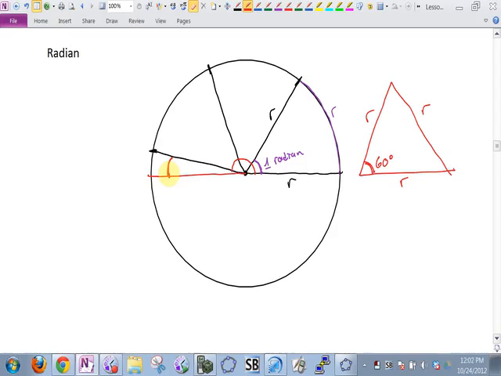Okay, there's one. Let's mark another radius here. There's another radian. And something like that. Okay?